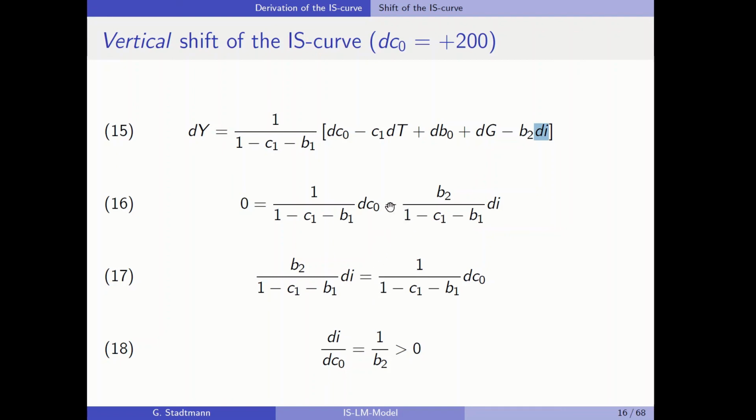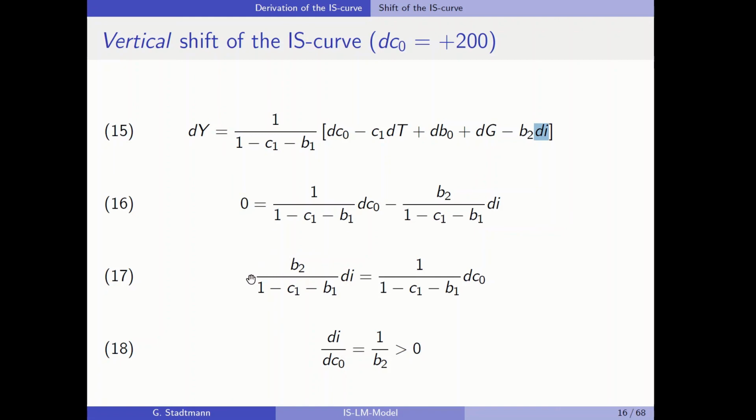So in the first step, we can put this minus b2 over 1 minus c1 minus b1 di on the other hand side of the equation. We get to equation 17. Now we can divide by dC0, put dC0 on the other hand side of the equation.